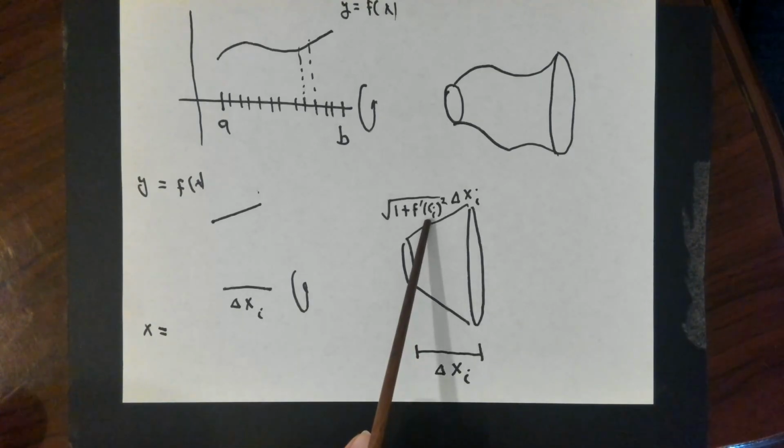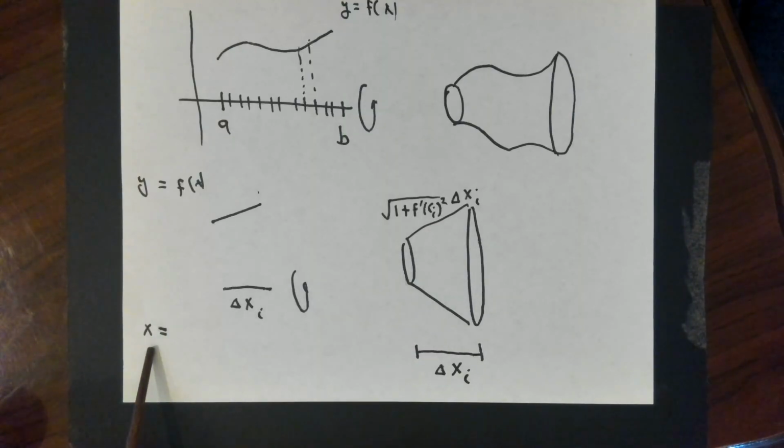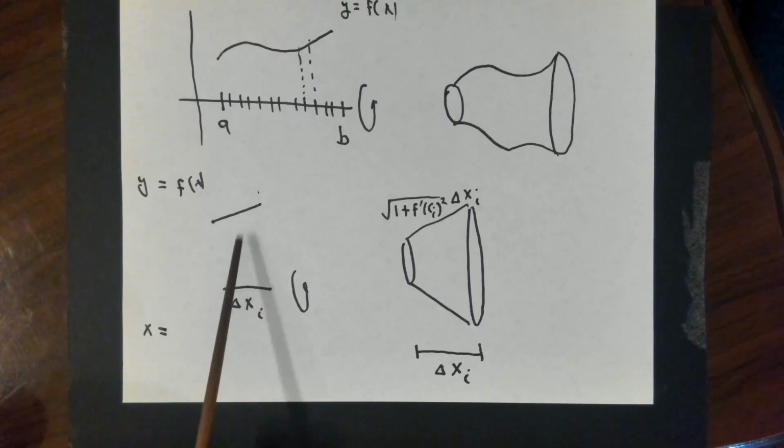Whatever this c sub I is, I'm going to choose my x in my diagram here to equal that c sub I. My radius is going to be the y-coordinate on the graph at x equals ci.